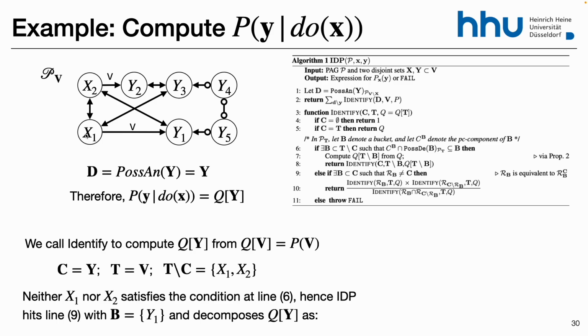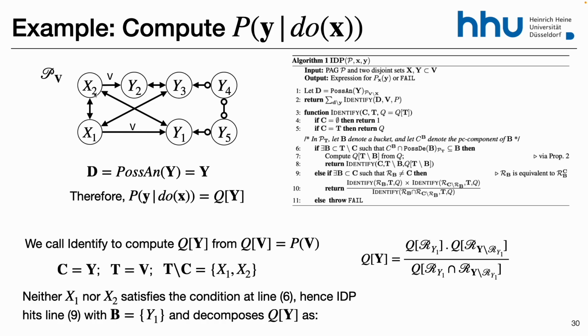So the PC component of X1 includes everything, and the possible descendants are not contained in B, which is just X1.